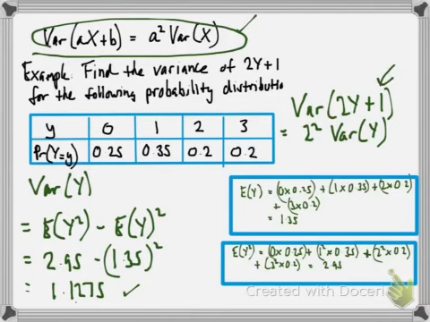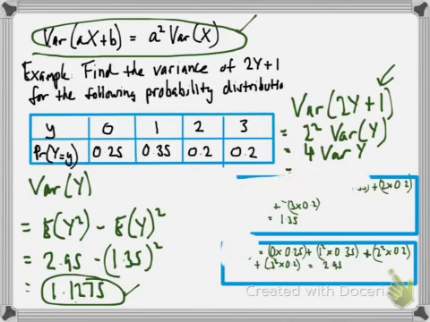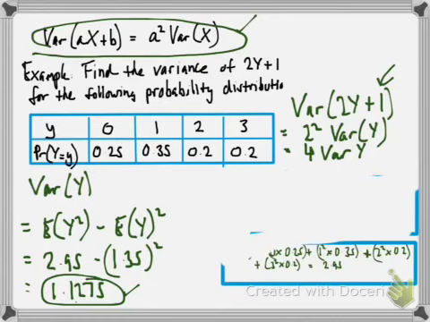The 2 pops out the front and gets squared, so that equals 4 var y. I might just get rid of this for the moment, to get a bit more room. So that equals 4 var y.